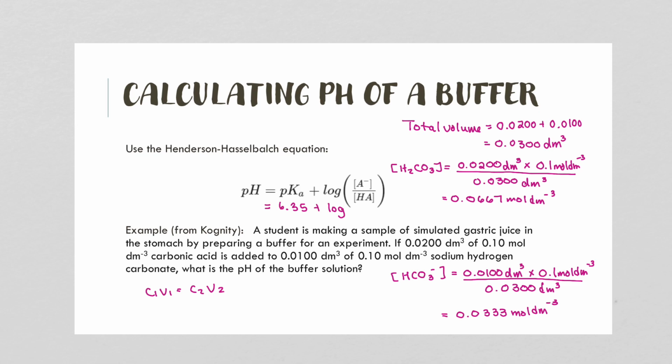So it is 0.0333 over 0.0667. So that's going to be 6.35 plus the log of 0.5.